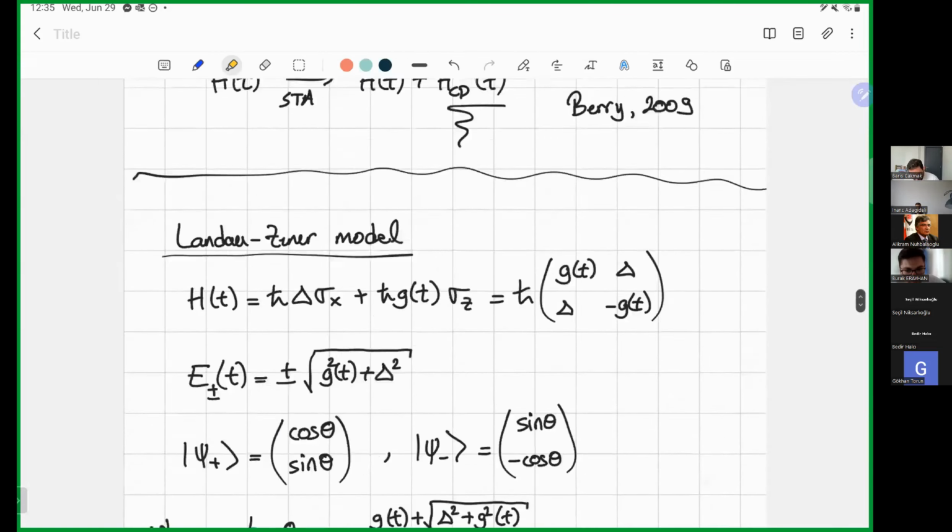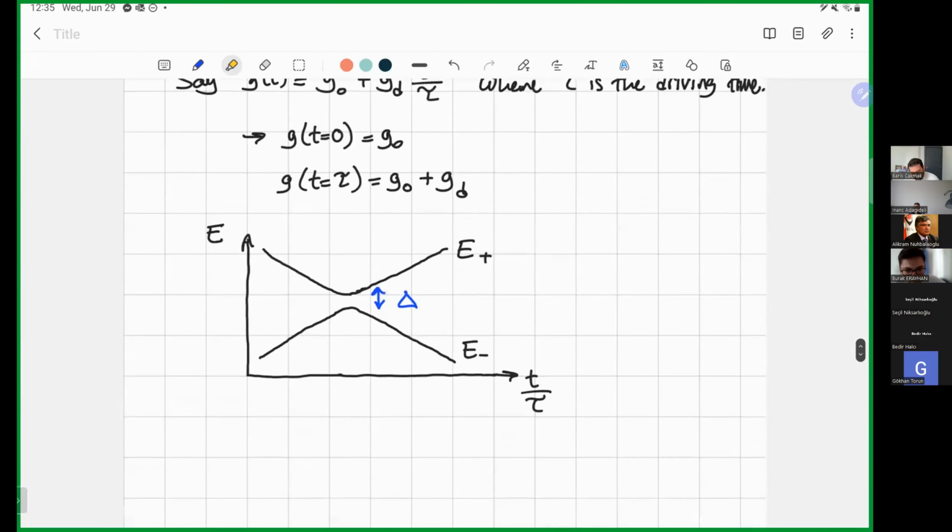All right, so as we change G of t as time goes by, the region here is going to be problematic. This is where we expect transitions between instantaneous energy eigenstates.